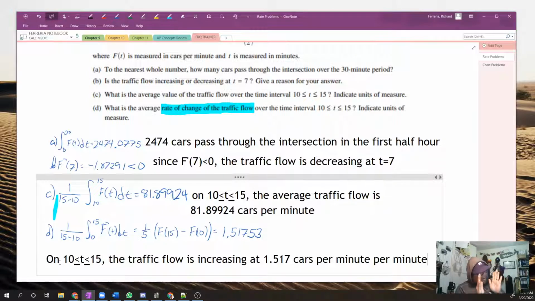This means that on the interval from 10 to 15, the traffic flow is increasing because the derivative is positive, at a rate of 1.517 cars per minute per minute. I know those of you out there are going to be tempted to write cars per minute squared. No, it's increasing at cars per minute per minute.